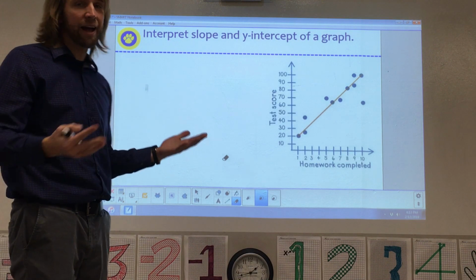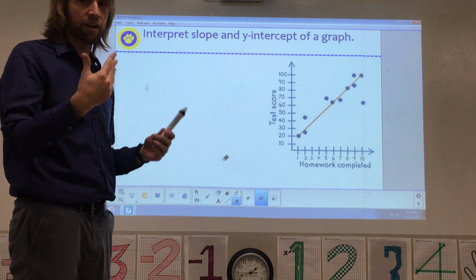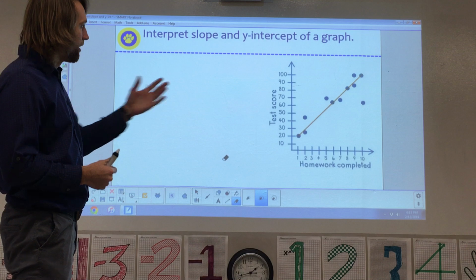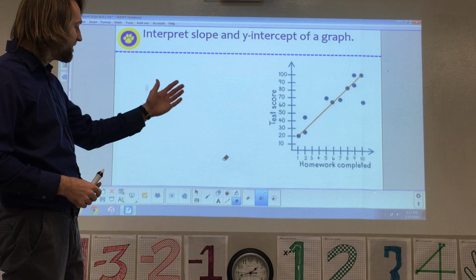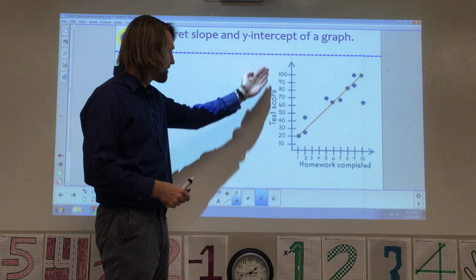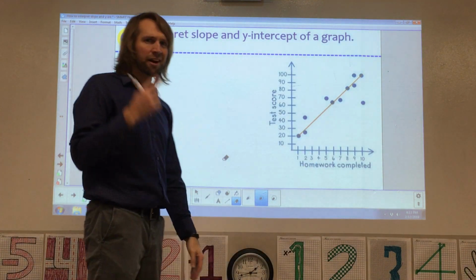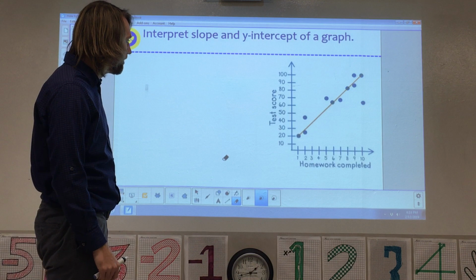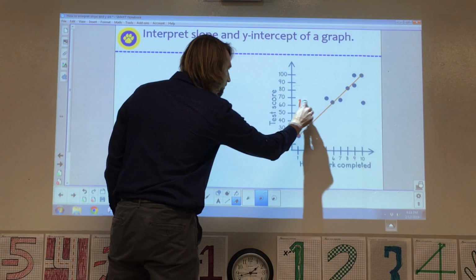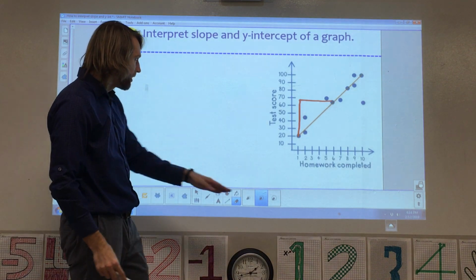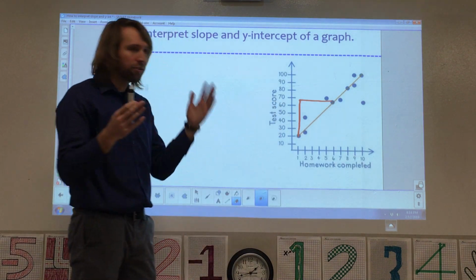So I'm going to estimate, I'm not going to calculate these, I have a video on calculating them. But when I take a look at the slope here, I can see that it's positive. I can see that the scale is counting by tens and ones there, so I've got to be aware of that. So when I pick a few points or draw a little slope triangle here, I can see that it's approximately going from 20 up to about 70.